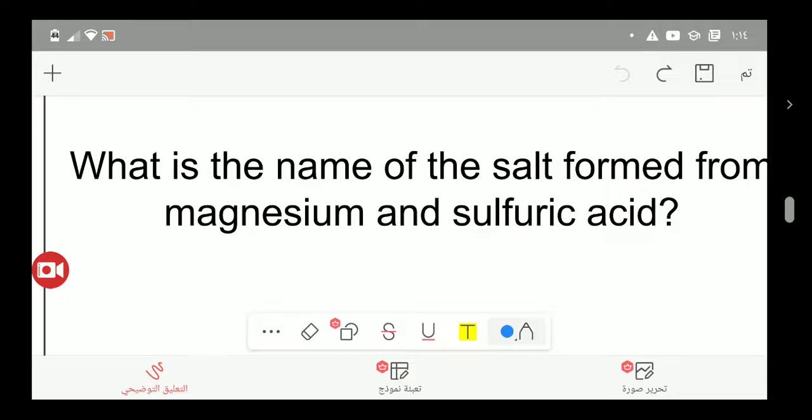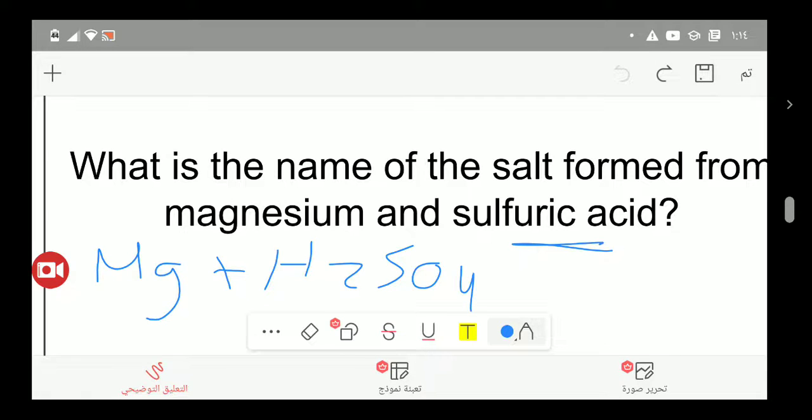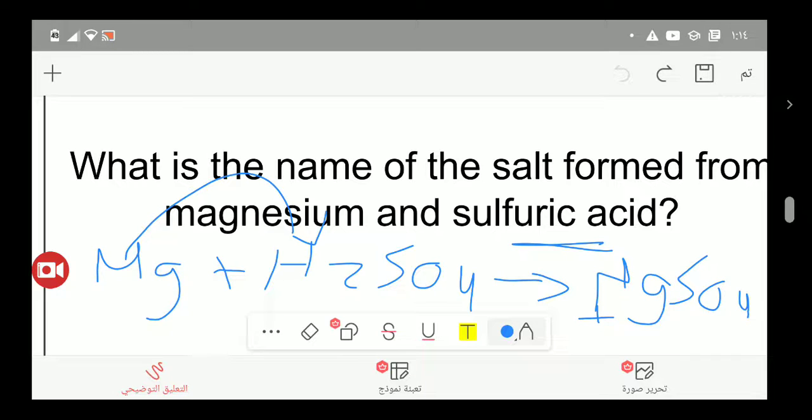To write this, magnesium, Mg, plus sulfuric acid, H2SO4. In the reaction between a metal and an acid, the metal will replace the hydrogen in a displacement reaction, forming MgSO4, which is magnesium sulfate, plus H2, evolving hydrogen. As we said, you can test hydrogen with a lighted splint, which makes a pop sound.